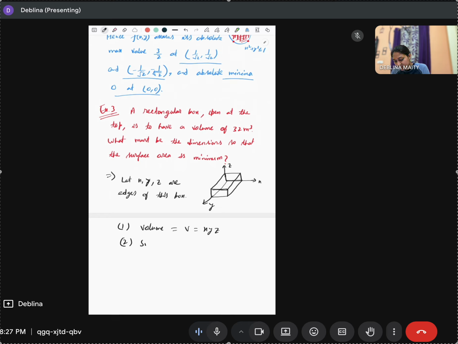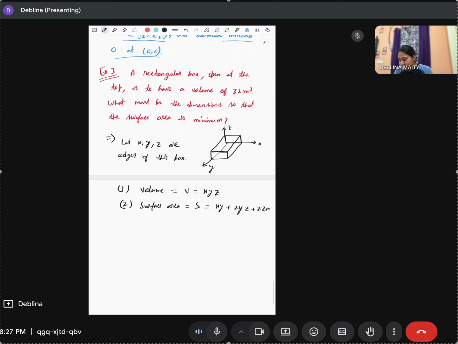And what is the surface area? Since it is open at the top, the surface area S will be xy plus 2yz plus 2zx. So this xy is not counted twice, all the others are counted twice.